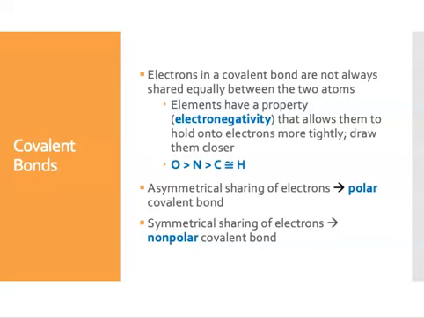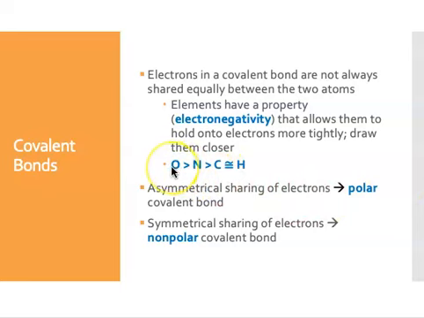Sometimes two atoms that have the same electronegativity will come together and form a covalent bond. With the same electronegativity, that means that the electrons will be shared equally between them, or symmetrically. When that happens, it forms a non-polar covalent bond.